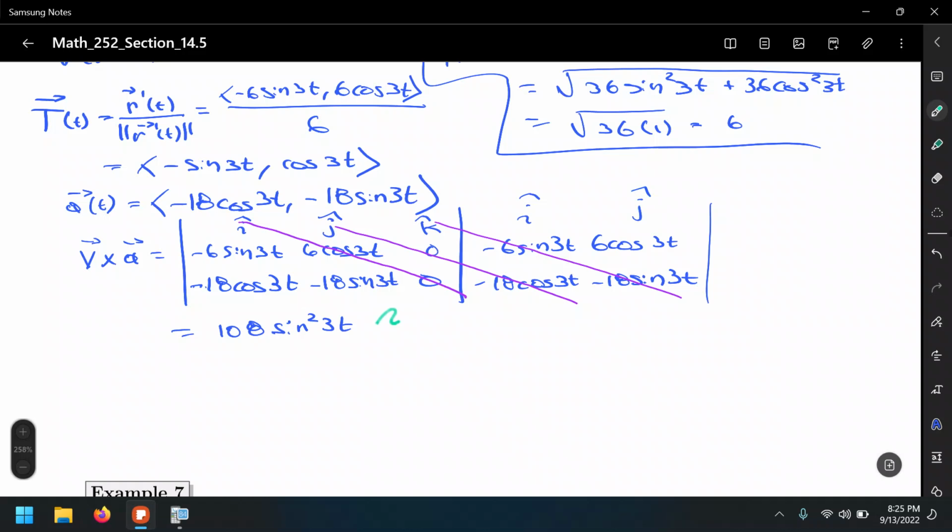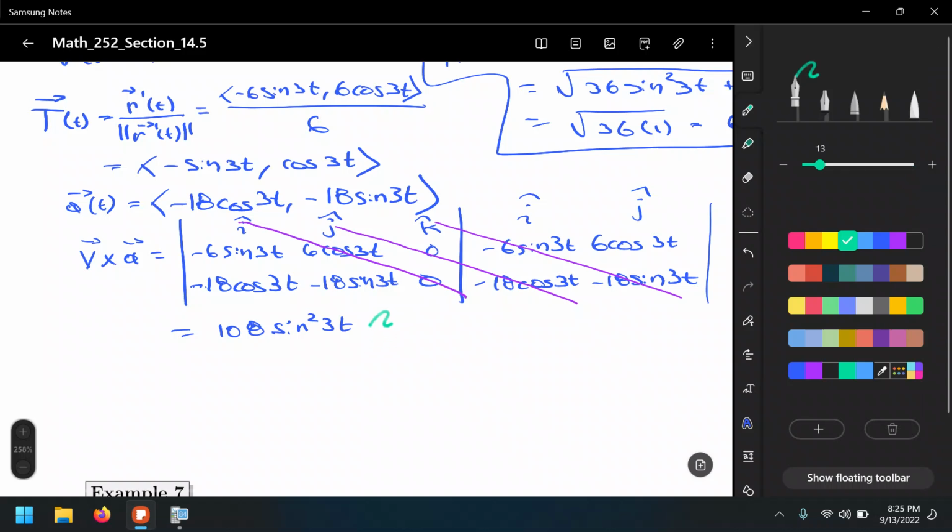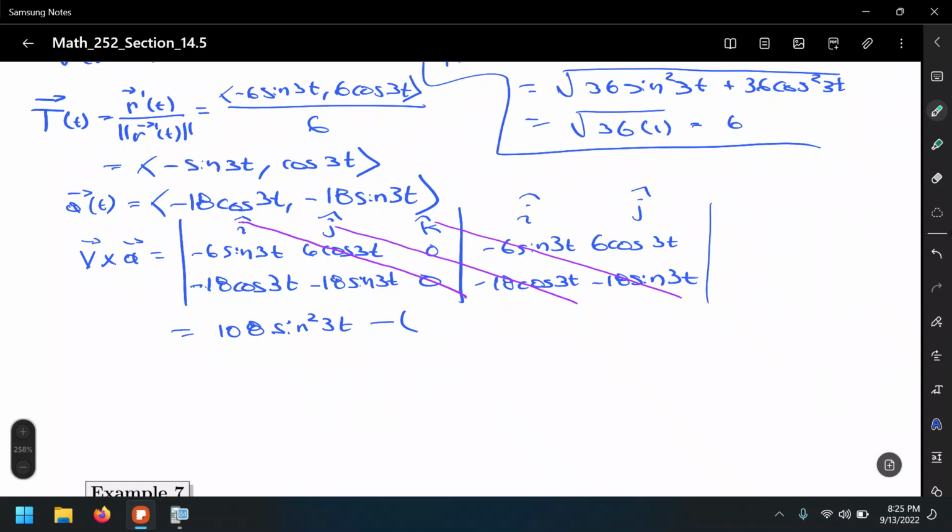All right. And then let's do minus the multiplication along the secondary diagonals. That's the ones for which we multiply backwards. That's j times 6 sine 3t times 0. Well, that's going to give us a 0. The second calculation, it's i times 0 times negative 18 sine 3t. That's going to give us a 0.